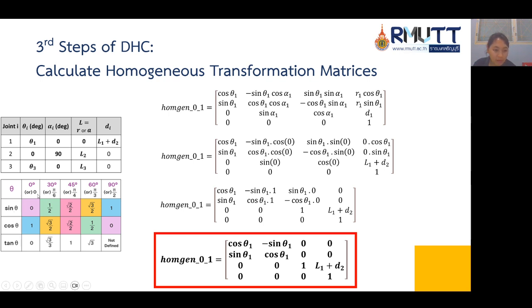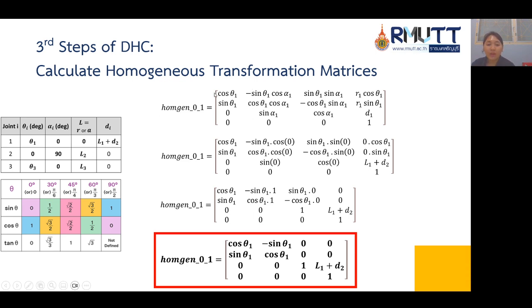We can see here only 0 degrees and 90 degrees, so we only need to focus on sine and cosine at 0 degrees and 90 degrees.